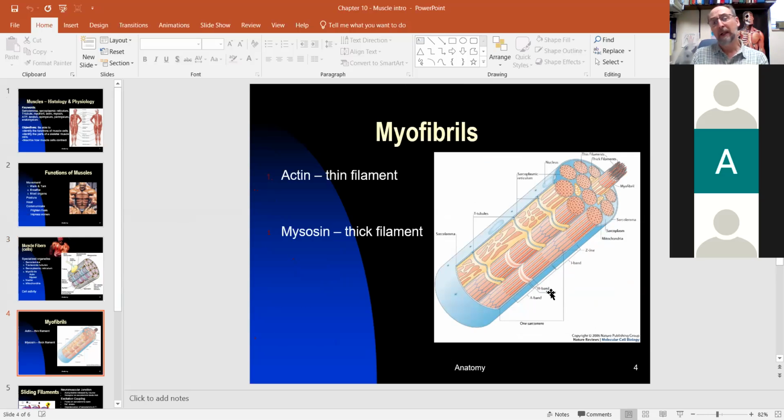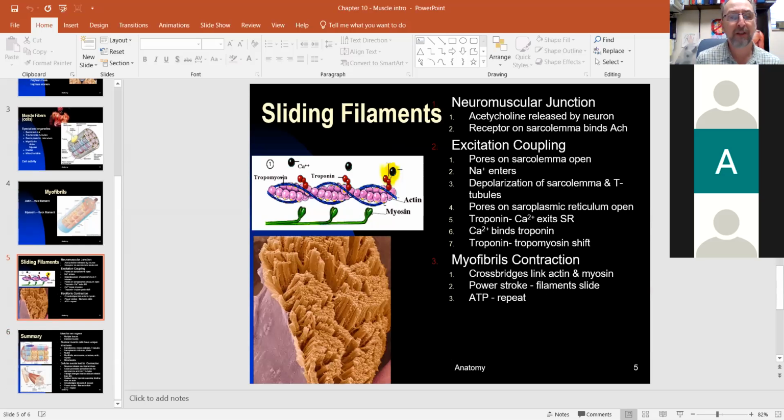Okay, but a lot of this chapter, and a lot of the hard part of this chapter, is the mechanism by which the cells contract. We break that mechanism down into three parts. What happens in the neuromuscular junction, where the nerve cell signals the muscle cell.